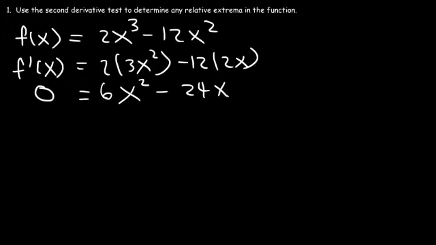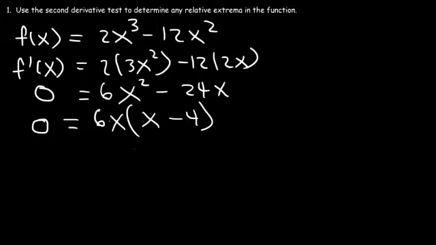Now, to find the critical numbers, we need to set the first derivative equal to 0. Now, let's factor out the GCF, which in this example is going to be 6x. So 6x squared divided by 6x is x, negative 24x divided by 6x is negative 4, and you will get this. Then 6x divided by 6x.